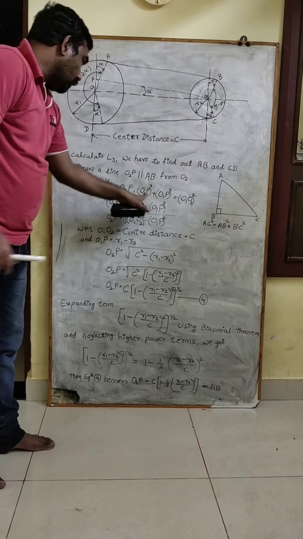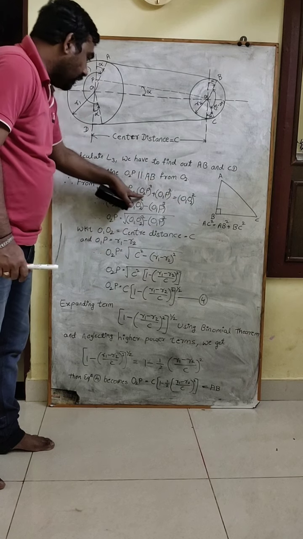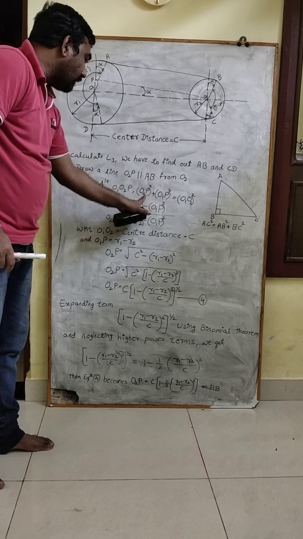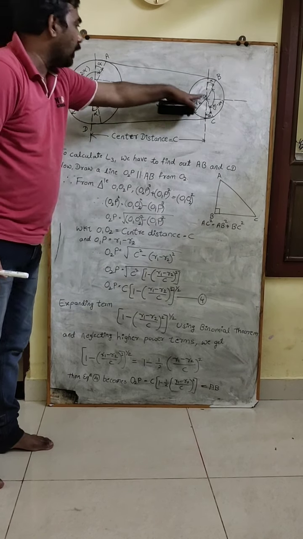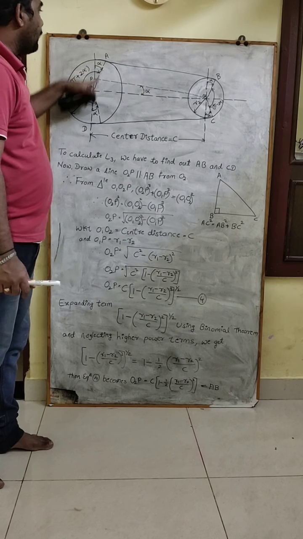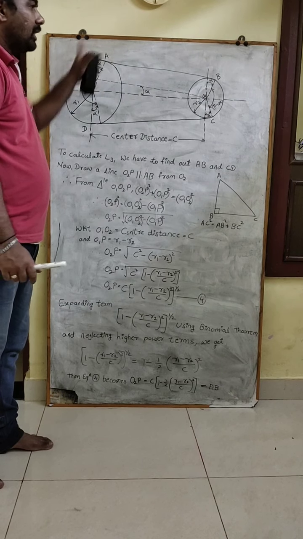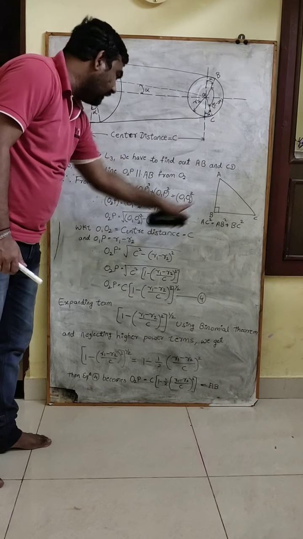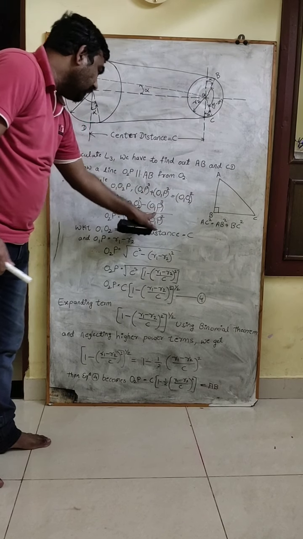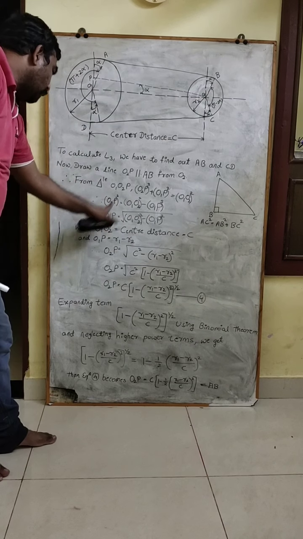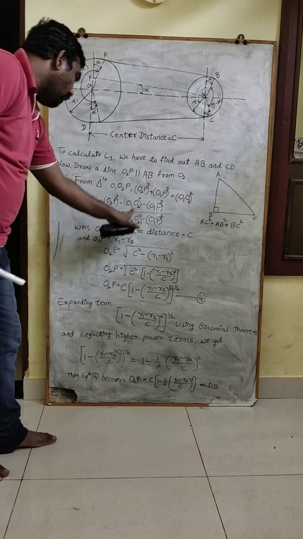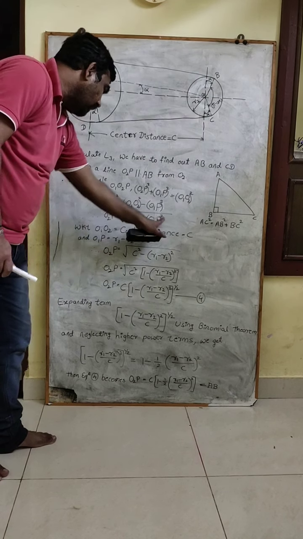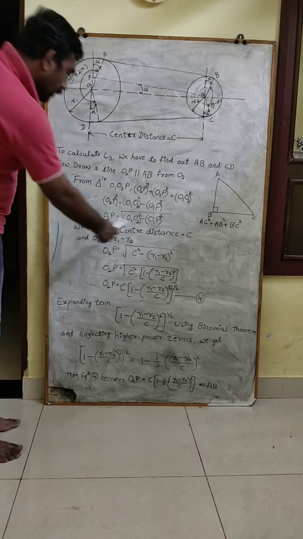In this Pythagoras theorem, we retain O2P on one side, because our main intention is to calculate O2P, which is parallel to AB. If we calculate AB, that is part of L3. So O2P squared equals O1O2 squared minus O1P squared. So O2P equals the square root of O1O2 squared minus O1P squared.